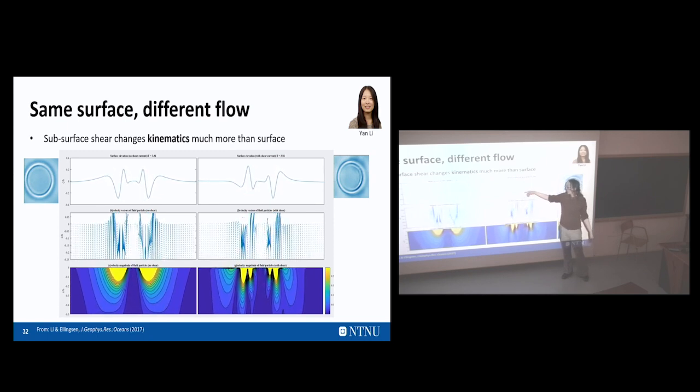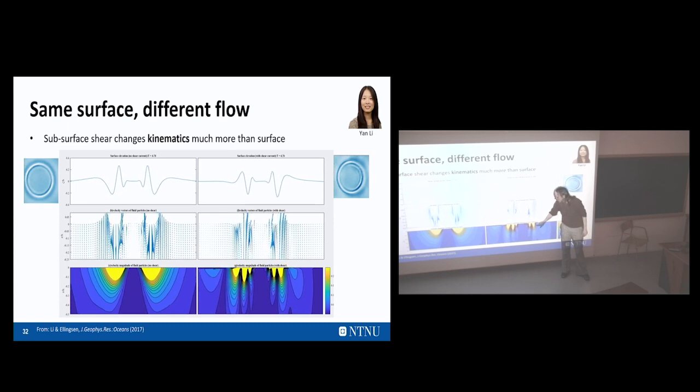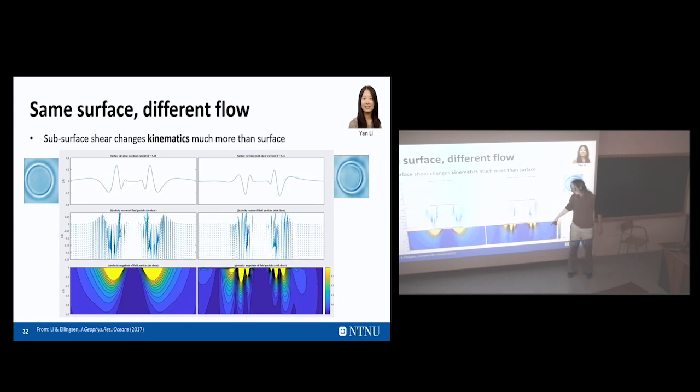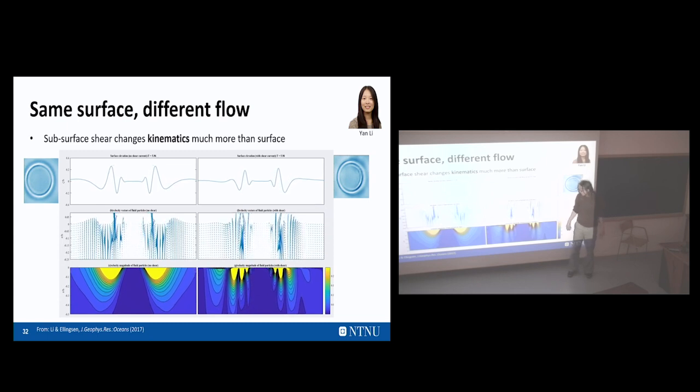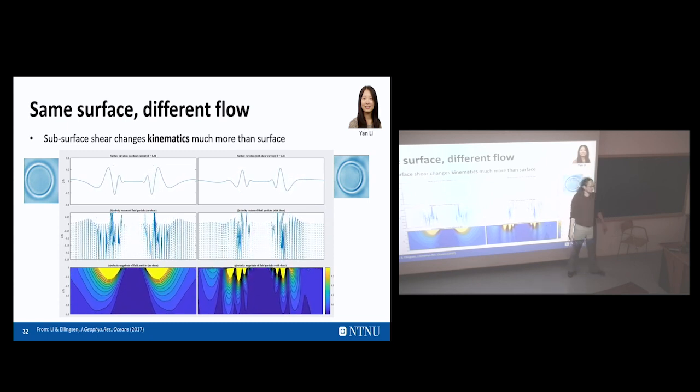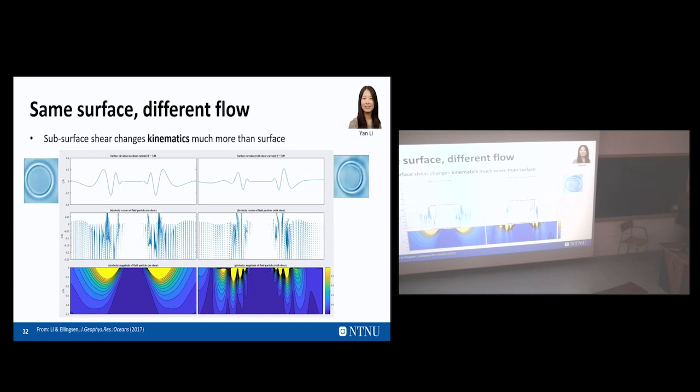It's not drastically different, but the velocity field, this is the velocity field magnitude. You see that here we've subtracted off the mean velocity, looking just at the wave-induced one, and it looks very different. So what goes on underneath the surface can be very different, even though the surface isn't radically different.